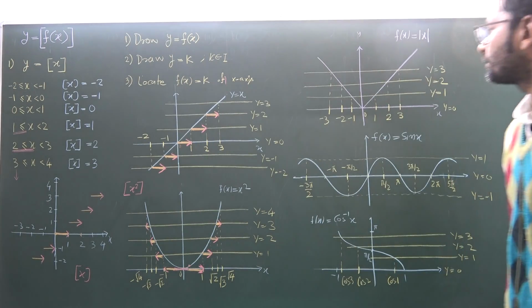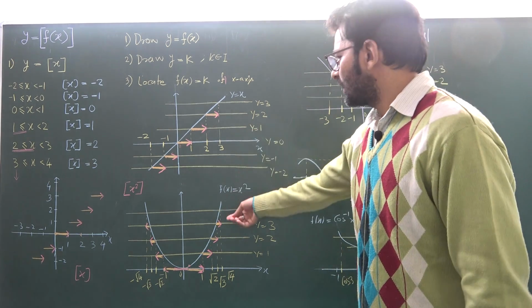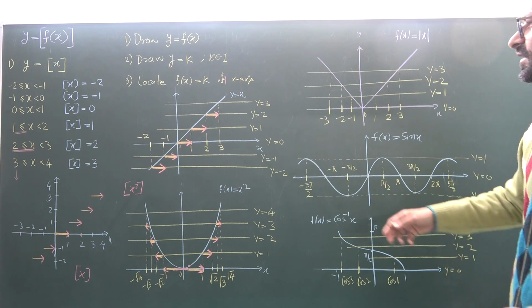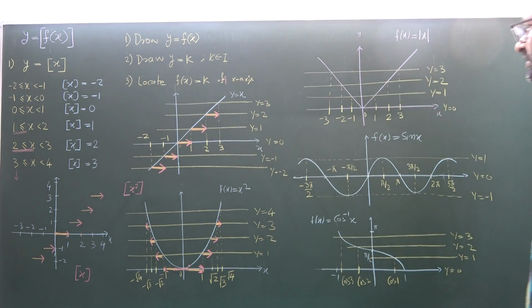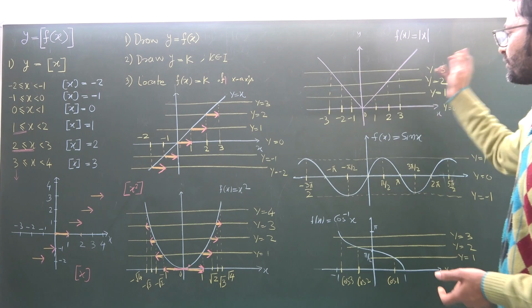Okay, good. Third graph, x square we have done. Now the greatest integer of modulus x. Okay, same thing. The only thing is now I have actually drawn the V shape, and I'll try to be very swift and let's see if you can understand it. This is the V shape.